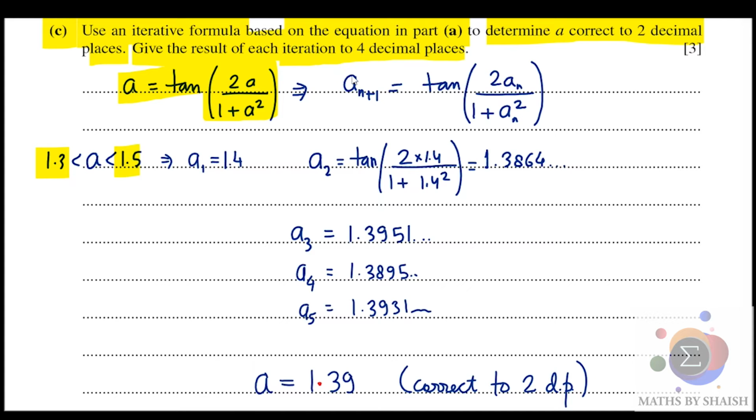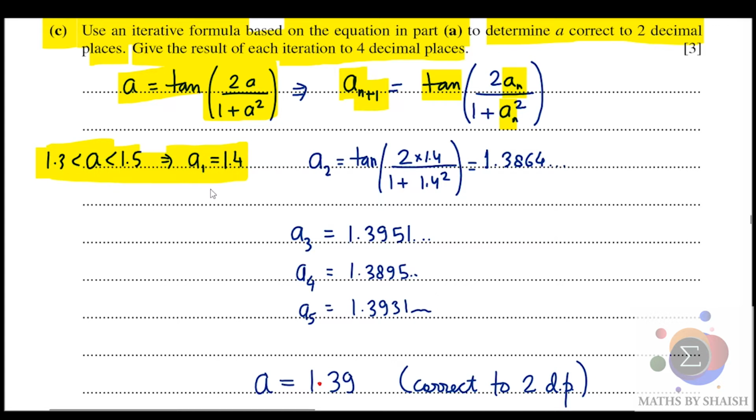So we can make an iterative formula based on this, that is a(n+1) is tan inverse of 2a(n) over 1 plus a(n) square. So we can take the first iteration by ourselves. We can take a value anywhere between this. So I have taken 1.4.